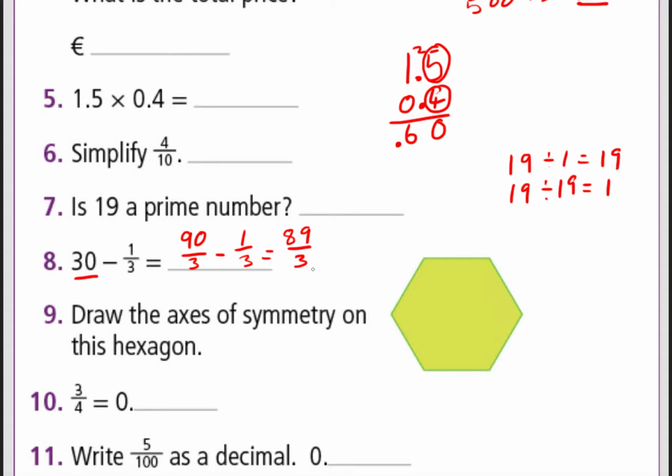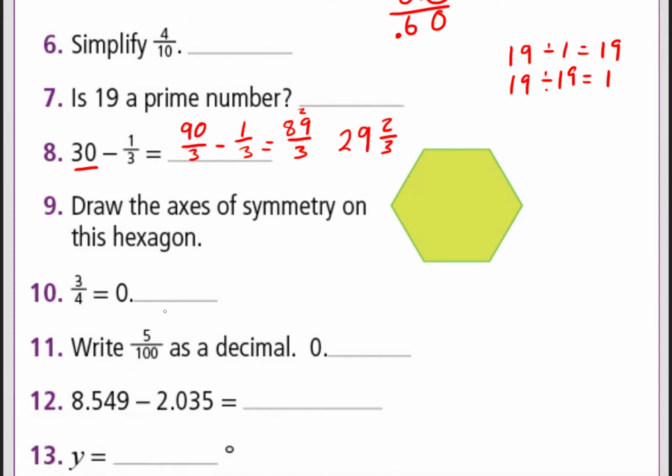So we need to divide 3 into this. So 3 into 8 goes twice with 2 left over. 3 into 29 goes 9 times with 2 left over. So it's going to be 29 and 2/3.